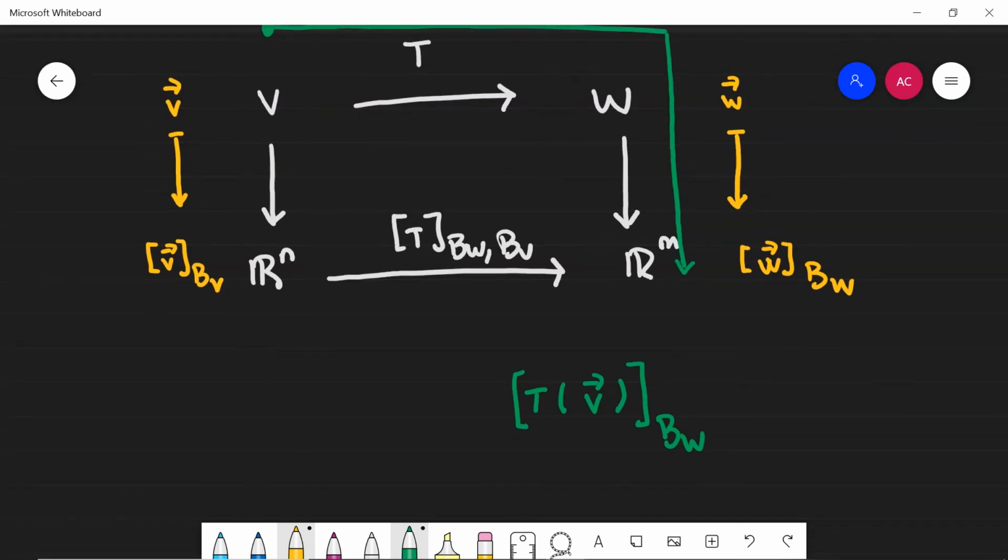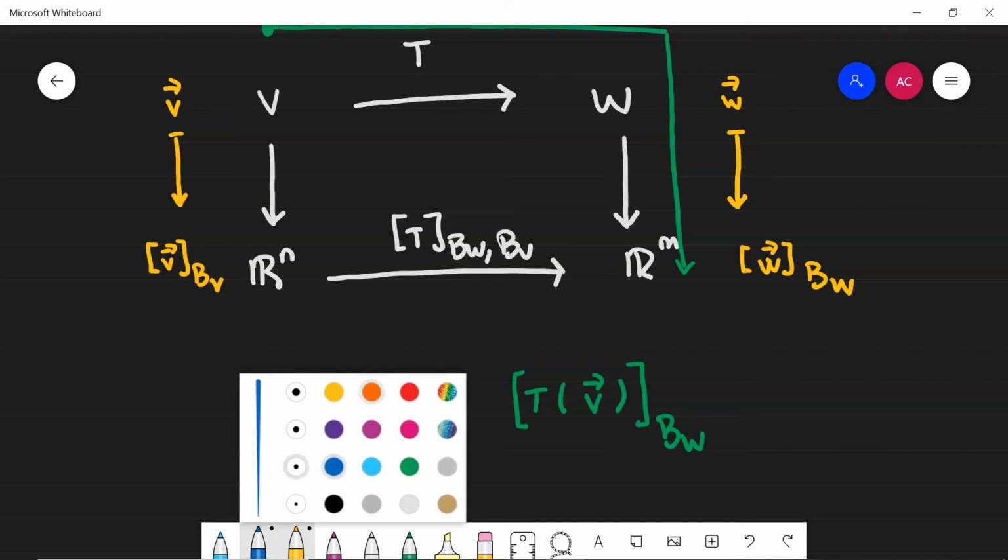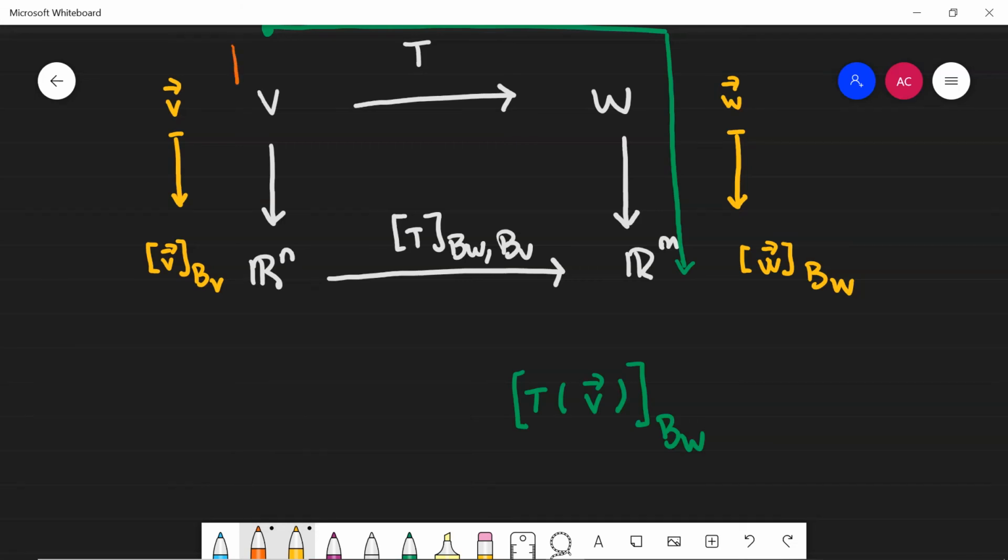Now, for my second color, we're going to pick orange. So again, I'm starting off at the same position. I'm starting off with V. The first leg is I'm looking at the coordinate vector of V with respect to this basis.